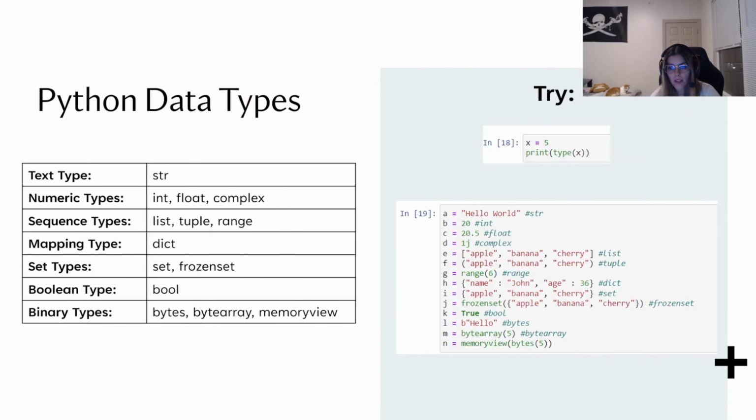So the big difference between a set and a frozen set is that the set can be modified later on. So you define it, and then if you want to add another fruit to your list, you can add it or remove one or change one. You can do all of that. But whenever you have a frozen set, it cannot be modified after you create it.